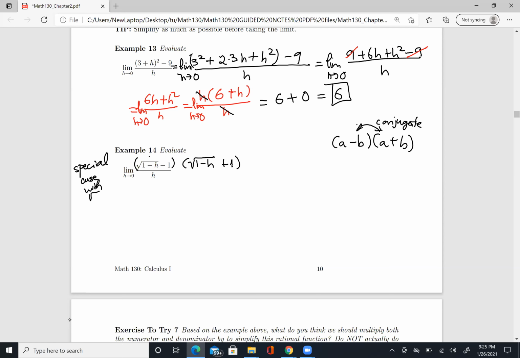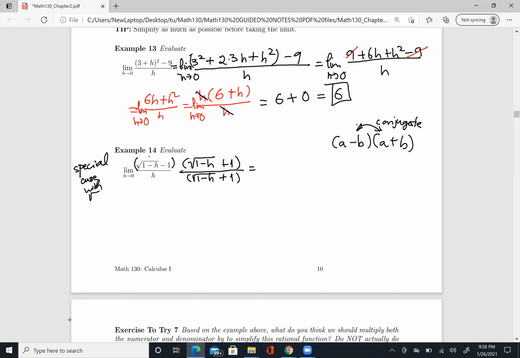Only if you multiply by the conjugate of it, so you can apply the form for the difference of two squares, and then eliminate the square root. Okay, so now since you multiply the top with that conjugate, then the bottom you have to multiply with the same thing, right?